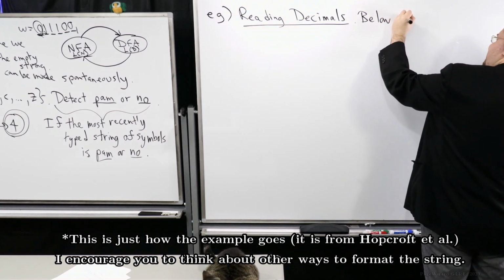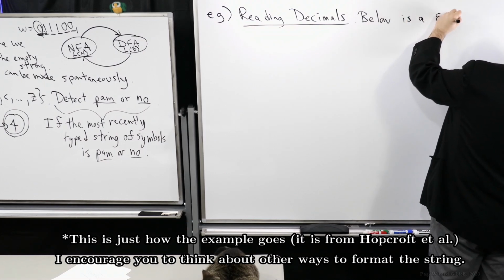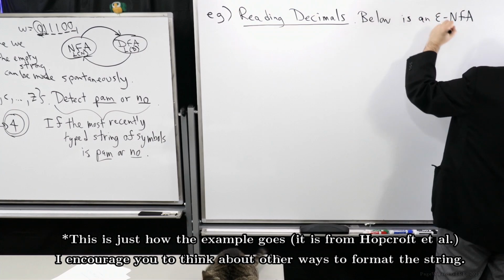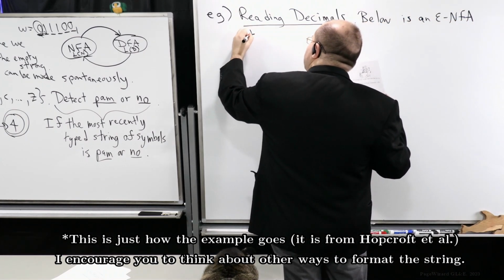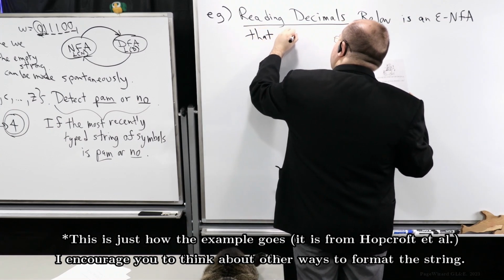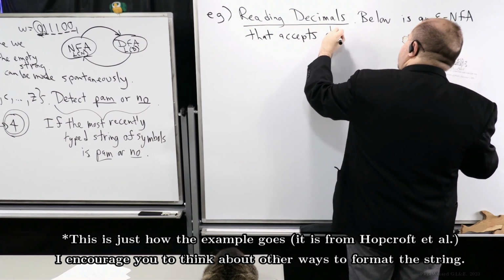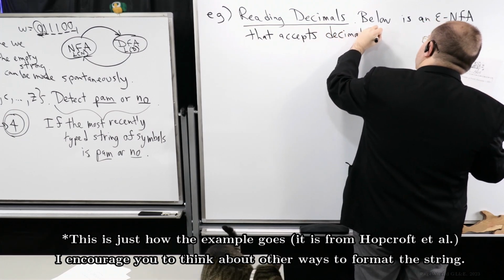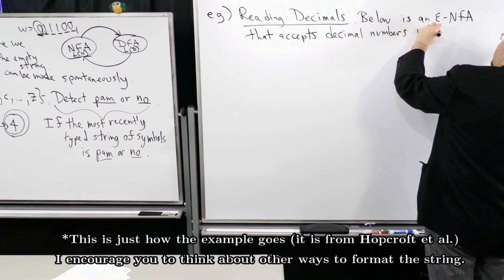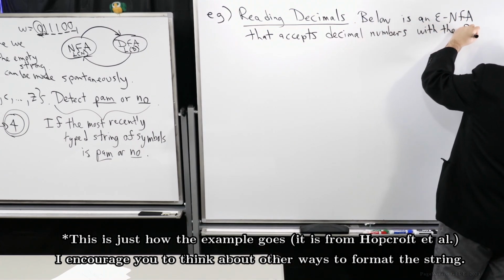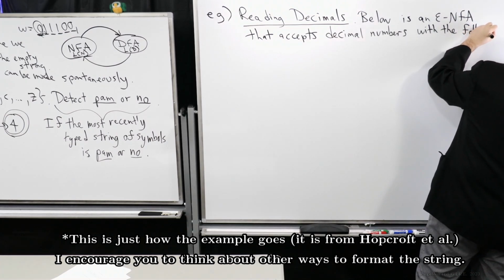I'm going to give you some specifications. Below is an epsilon NFA that accepts decimal numbers with the following format.